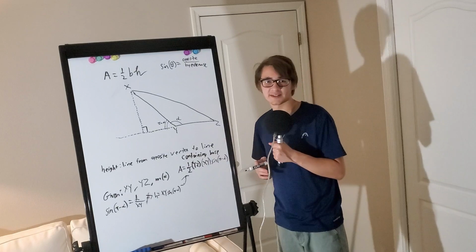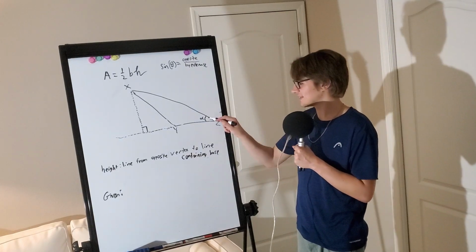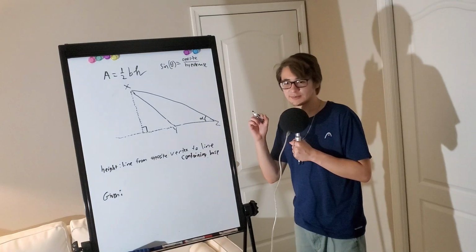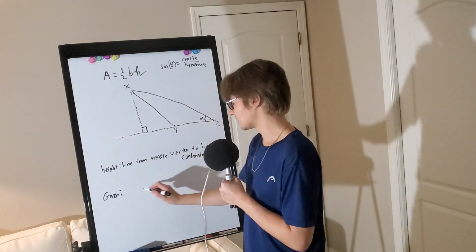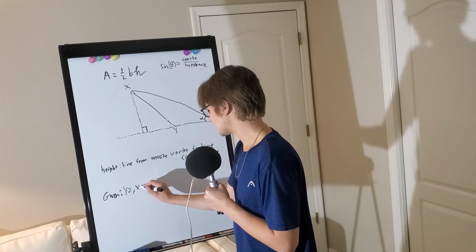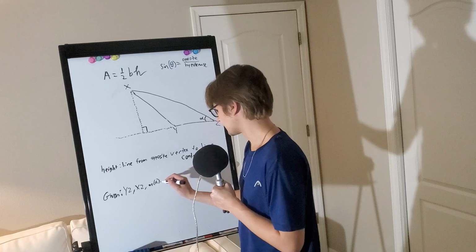But there's one more thing I want to go over. Let's just say that this angle is our alpha. In order to find the area, we would need to be given the following information: the length of YZ, the length of XZ this time, and the measure of alpha.